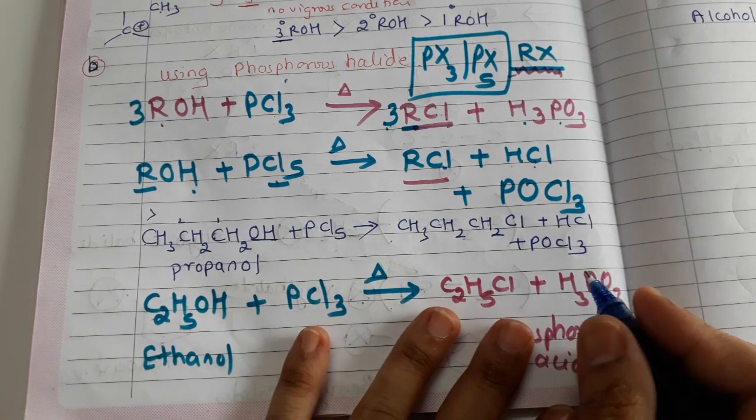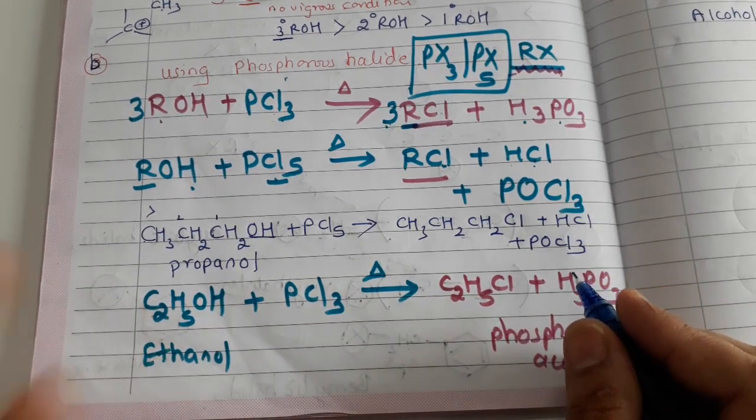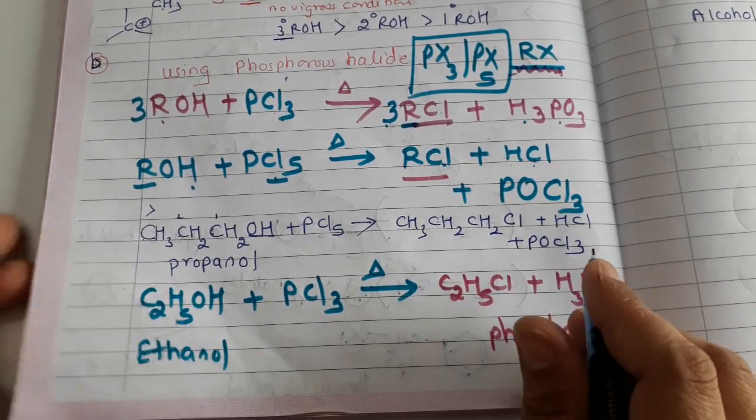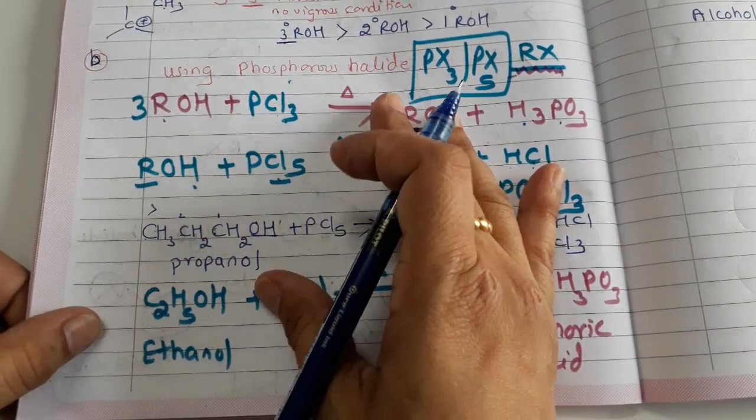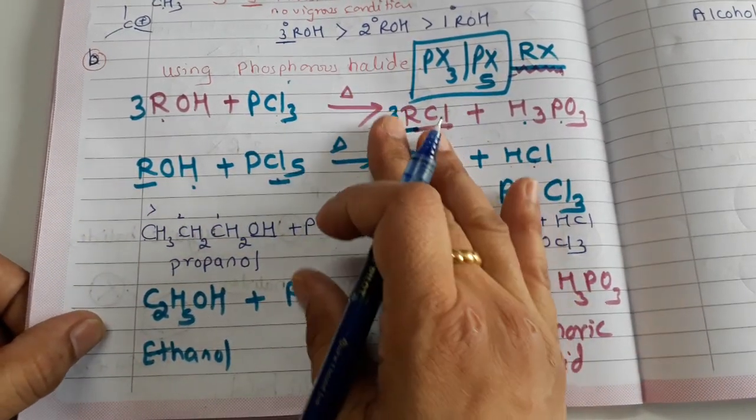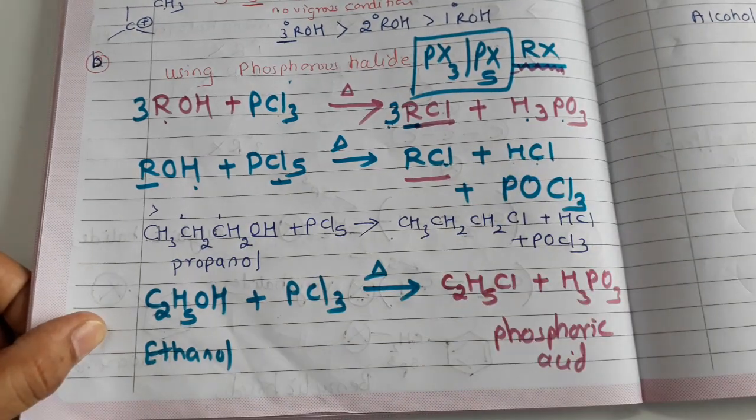You can pause the video and you can write the reactions along with me to understand. Okay, now so this is your phosphorus halide की मदद से we are getting alkyl halide.